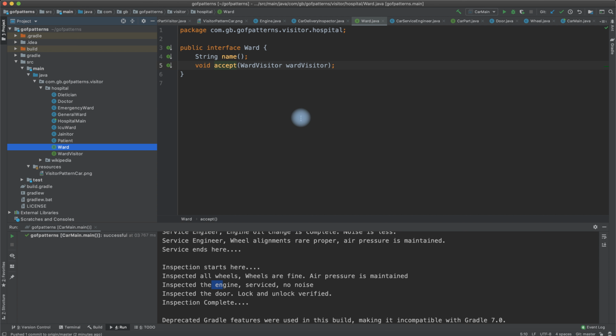Consider a hospital system. A hospital has different wards. For example, there is a normal ward, an OP ward, an emergency ward, an operation theatre ward, and a critical unit ward. There are different people who provide different sets of services to the wards.